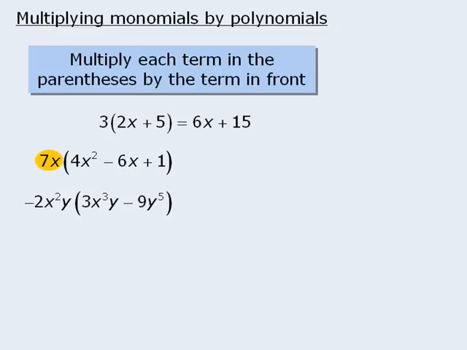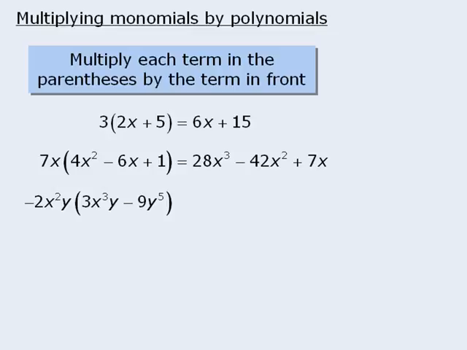Here we'll take 7x and first multiply it by 4x squared to get 28x cubed. Then we'll multiply 7x by negative 6x to get negative 42x squared, which we will write as minus 42x squared. And finally, when we multiply 7x by positive 1, we get positive 7x, which we can write as plus 7x.